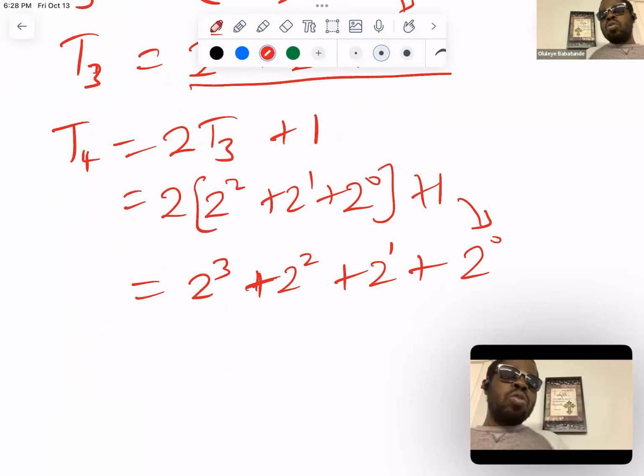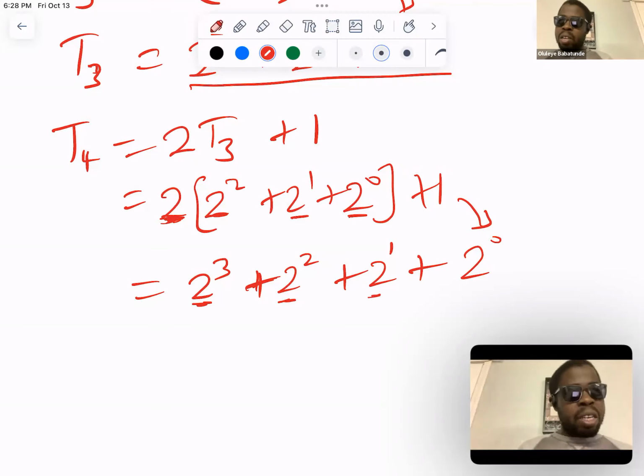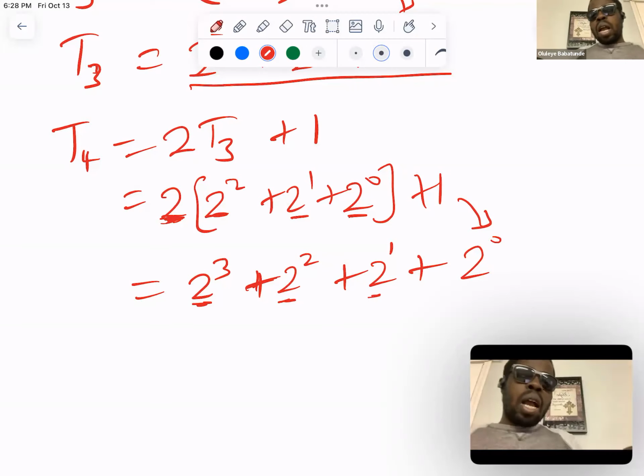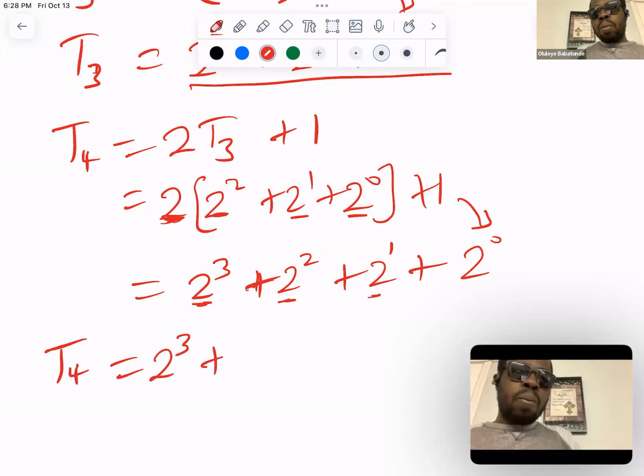See, 2 outside here times 2 to the 2 will give me 2 to the 3. And 2 outside here times 2 to the 1 will give me 2 to the 2. You see that? And this 2 outside here times 2 to the 0 will give me 2 to the 1. And there is 1 already here, which is going to be 2 to the 0. I'm trying to make everything in what? Powers of 2. So you can see that your T4 is 2 to the 3 plus 2 to the 2 plus 2 to the 1 plus 2 to the 0.